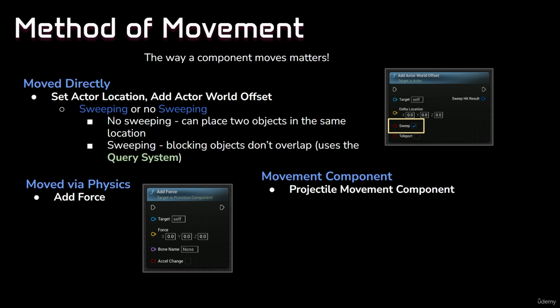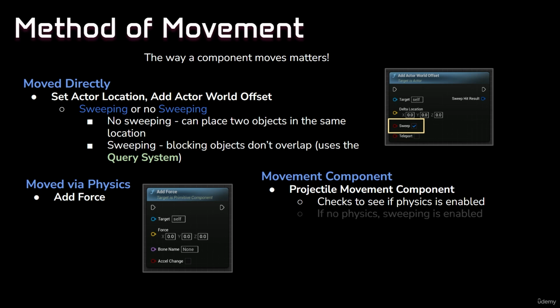We've seen the projectile movement component. This movement component has the ability to move an object, whether it's simulating physics or not. The movement component checks to see if physics is enabled on that object. If it is, it launches the object, just like adding a force, and then leaves it up to the physics system to handle how that object moves or flies through the air.